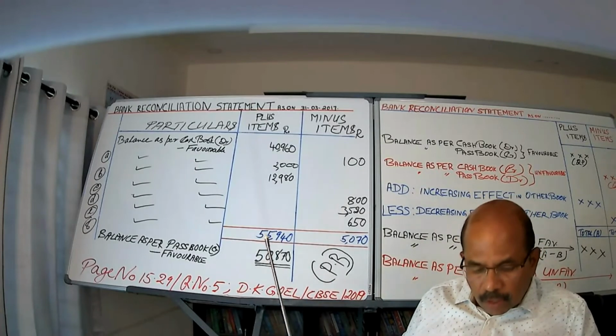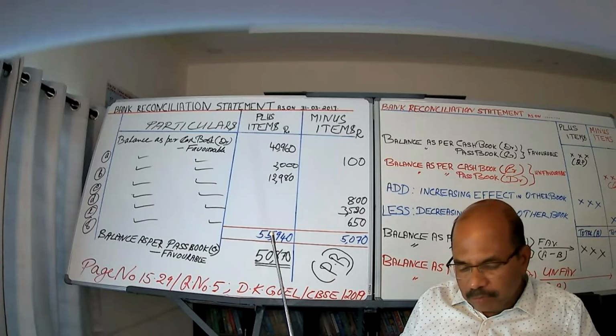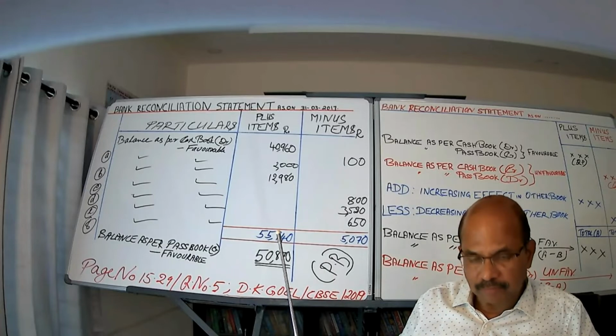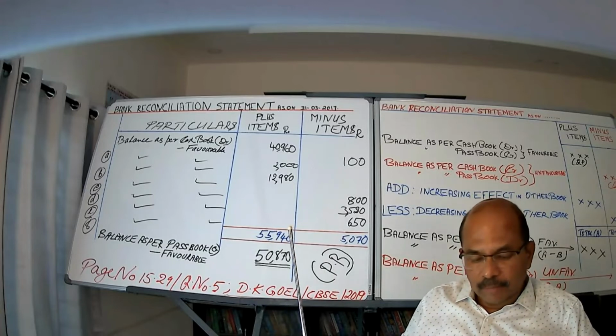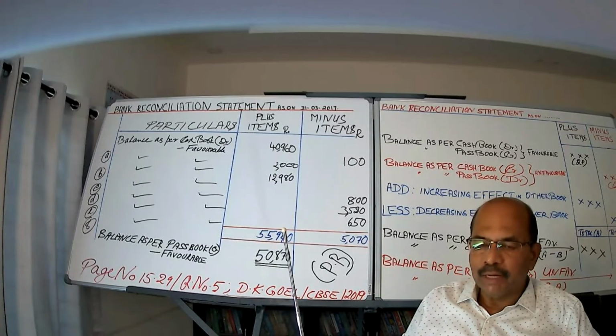Next. On March 21, 2017, a debtor paid rupees 2,000 into the company's bank in settlement of his account, but no entry was made in the cash book of the company in respect of this. See, the complete sentence can be made concise to say a direct deposit made by a customer into the bank.